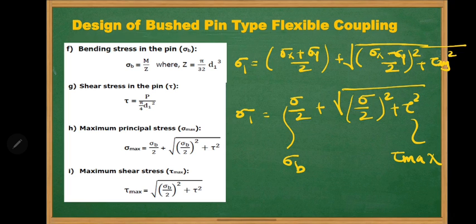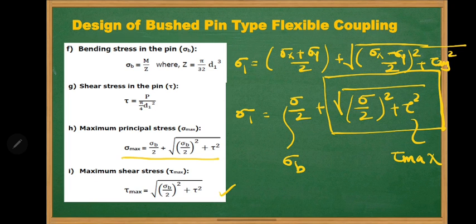So the equation of maximum stress becomes sigma max equals sigma b by 2 plus under root of (sigma b by 2) whole square plus tau square. This is the equation of maximum shear stress. Comparing with this equation, tau max equals under root of (sigma b by 2) whole square plus tau square.